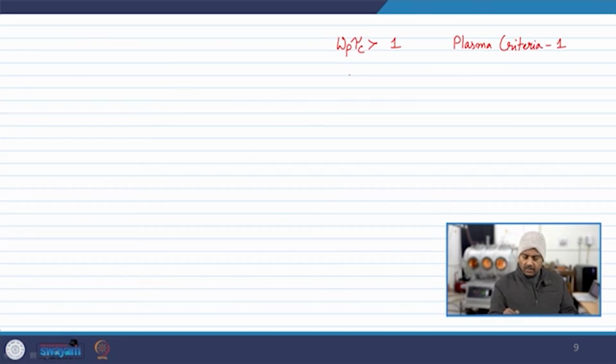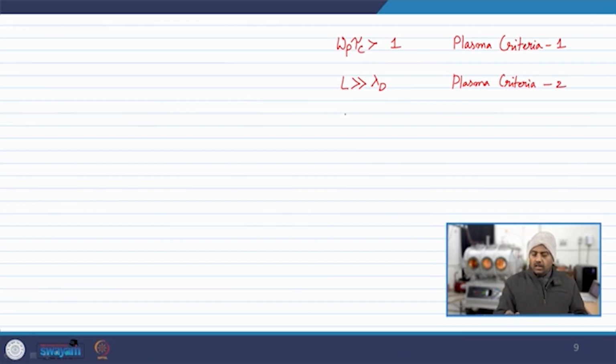Okay. Then the second condition is the length scale of plasma system should be much greater than the Debye's length. This is plasma criteria number 2.